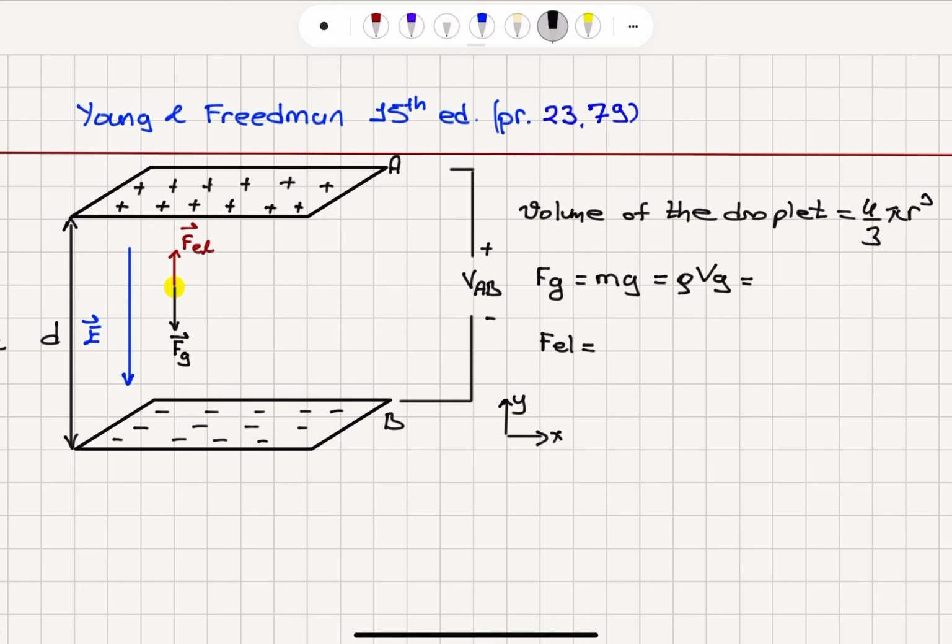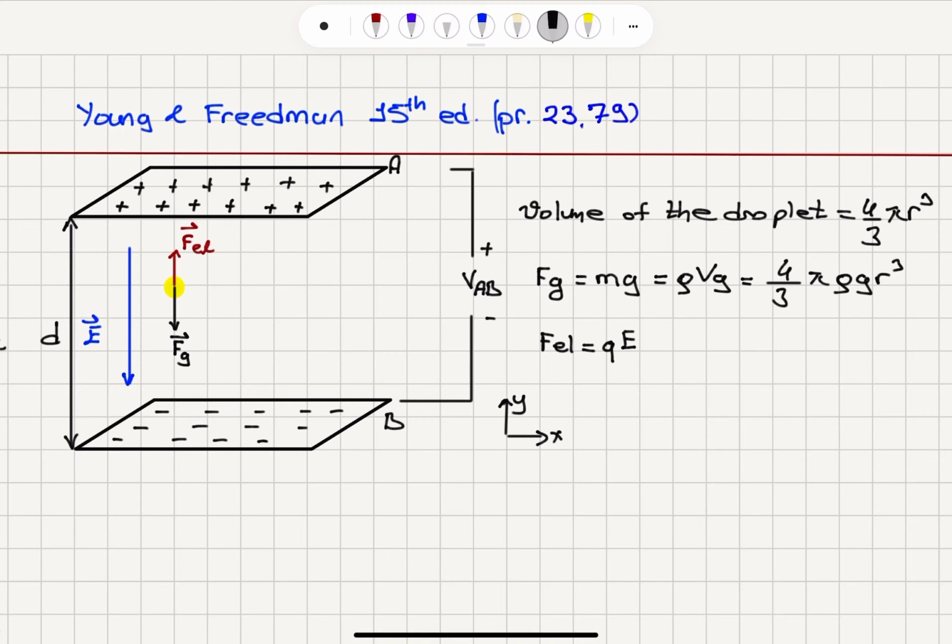So because the volume is 4/3 pi r cubed, we will have here as the gravitational force 4/3 pi rho g r cubed. The electric force it feels is the charge on the droplet, q, multiplied by the electric field magnitude E.